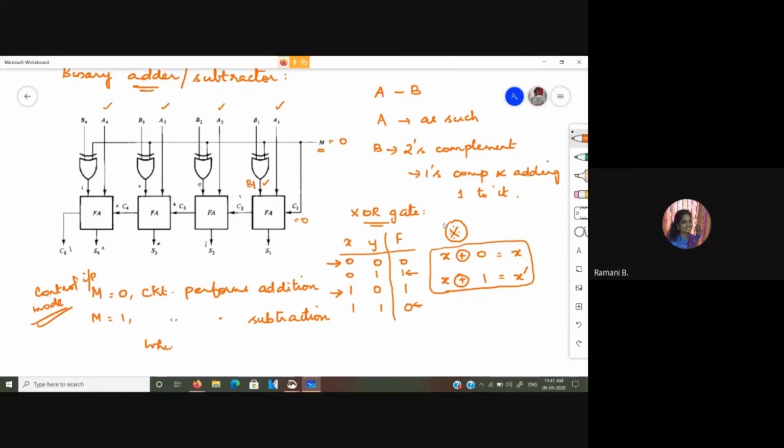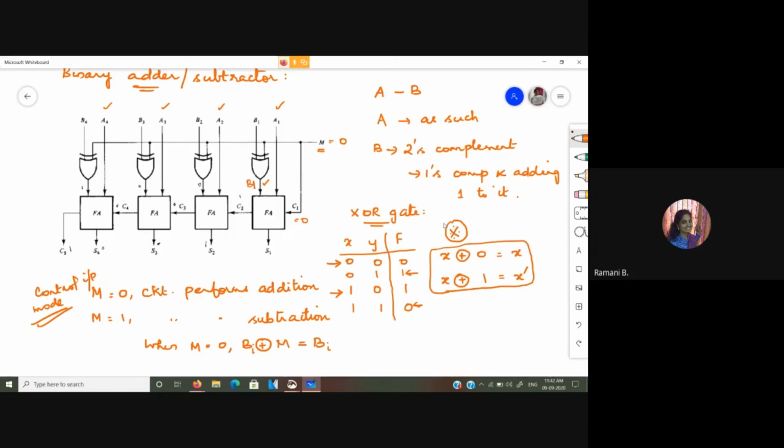B XORed with M will give me B, or BI. For differentiating, let us write it as BI. The same way, M is connected as one of the inputs to this XOR gate.